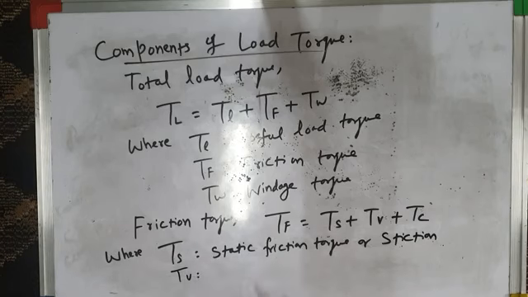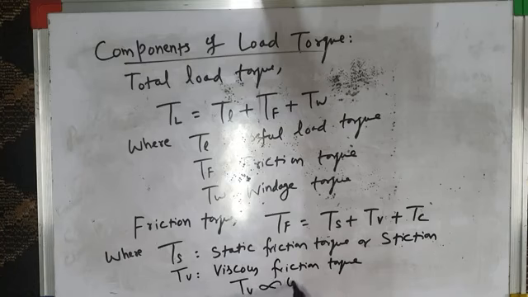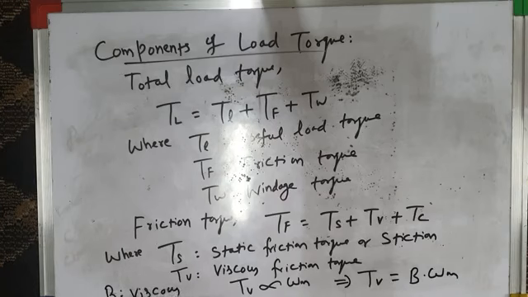What is TV? TV is called viscous friction torque, and this TV is directly proportional to speed. As the speed increases, this viscous friction torque also increases. We can write viscous friction torque is equal to B into omega m, where B is called the viscous friction coefficient.